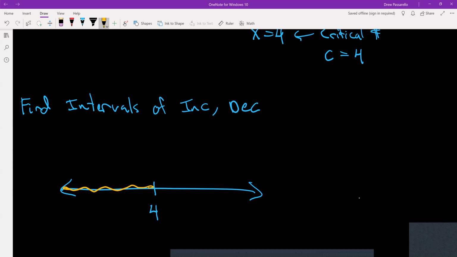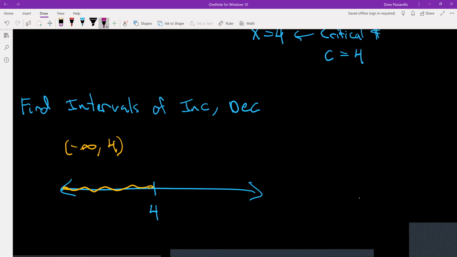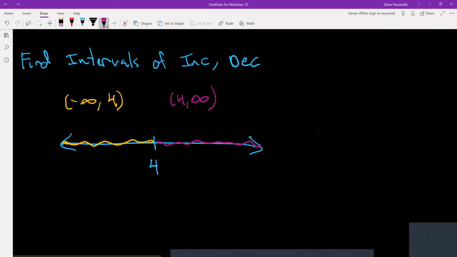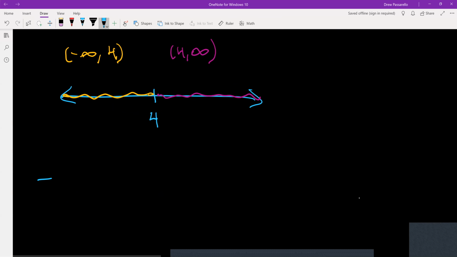So I have the interval that goes to the left of 4. That's from -infinity to 4. And make sure I use parentheses around the critical number. And then the interval to the right of 4. So that's 4 to +infinity. And then I pick a test value from each interval.